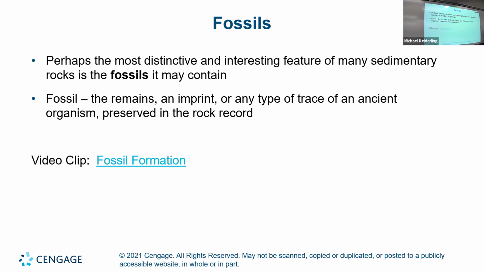But it has become focused on the remnants of living things. Now, when we talk about fossils, they're not always the hard parts of the body of a dead thing. Those are the most famous type. Sometimes you have just imprints of things, like fossil remains of footprints.